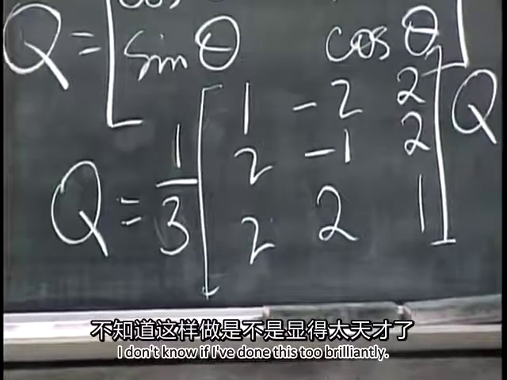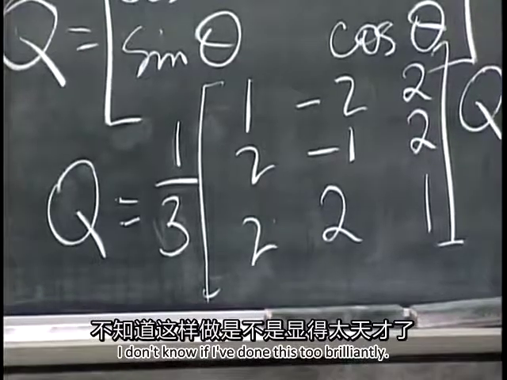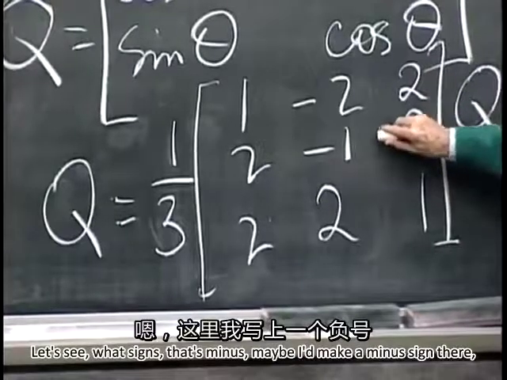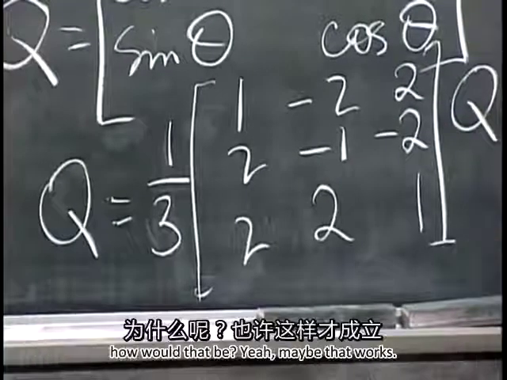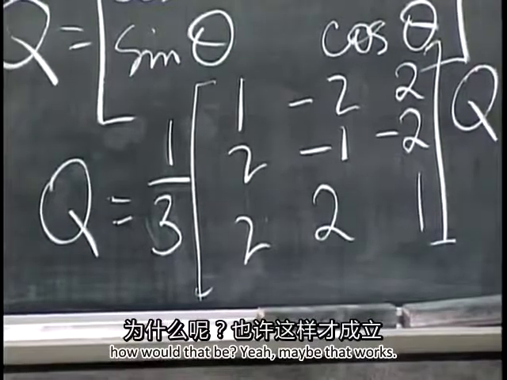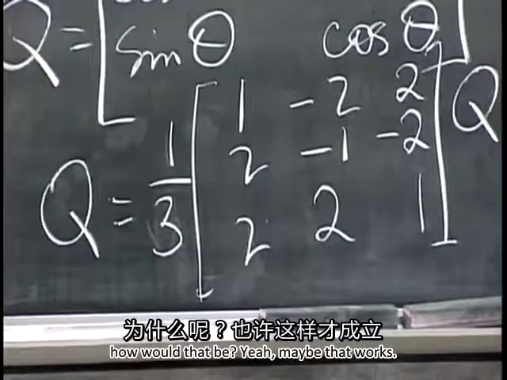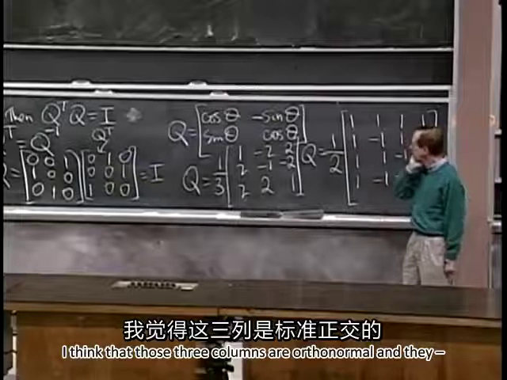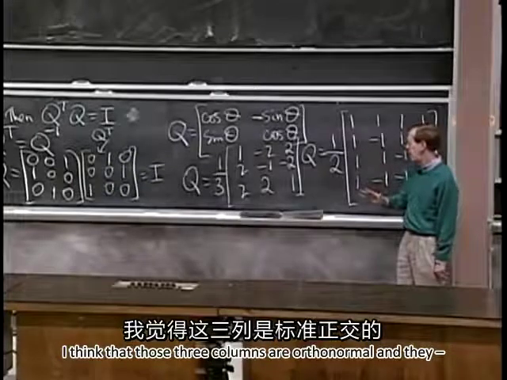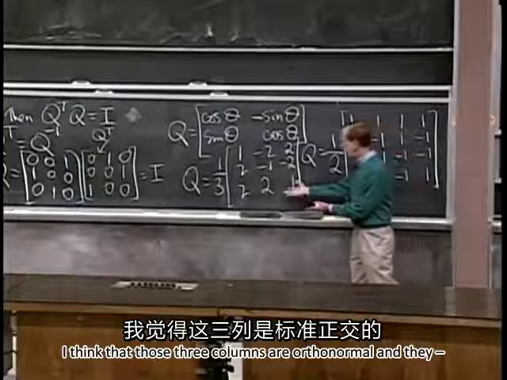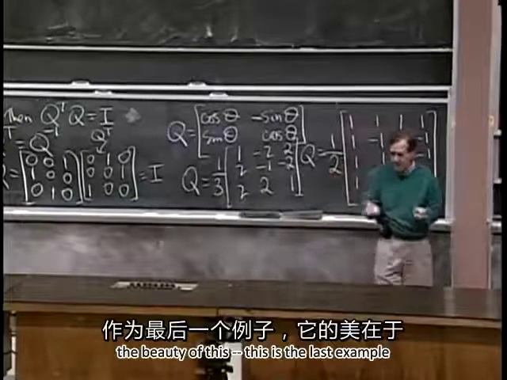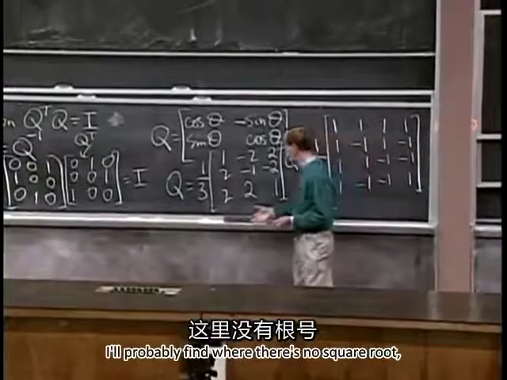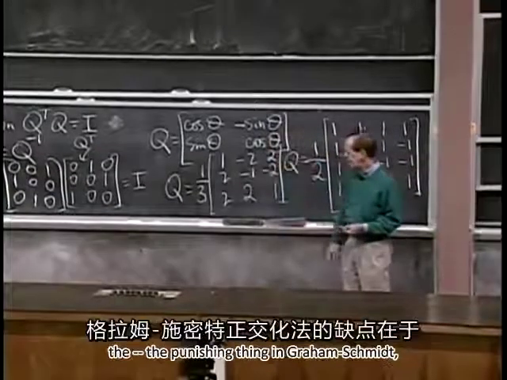I don't know if I've done this too brilliantly. Let's see, what signs? Maybe I'd like a minus sign there. How would that be? Yeah, maybe that works. I think that those three columns are orthonormal, and the beauty of this is the last example I'll probably find where there's no square root.